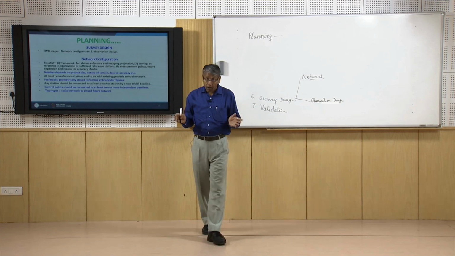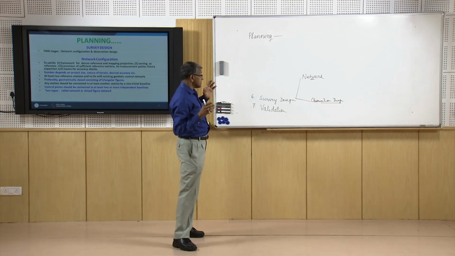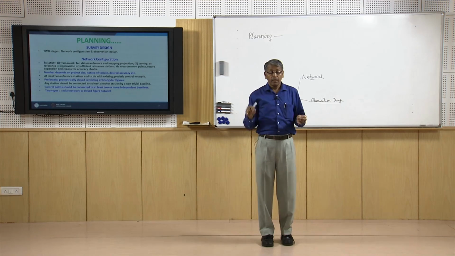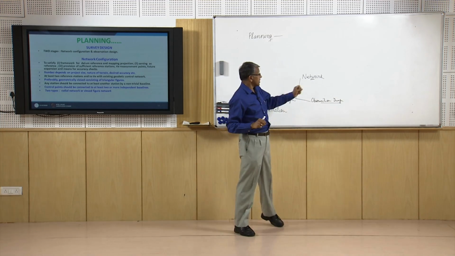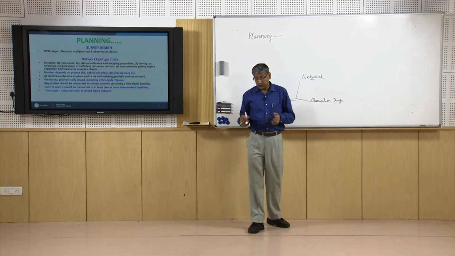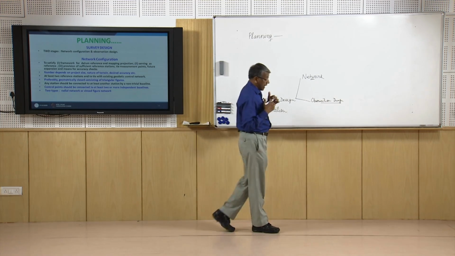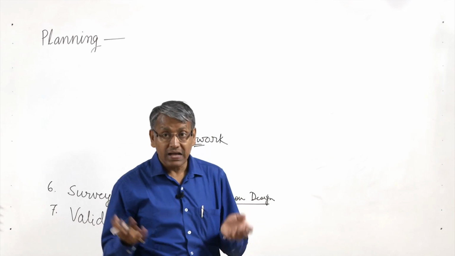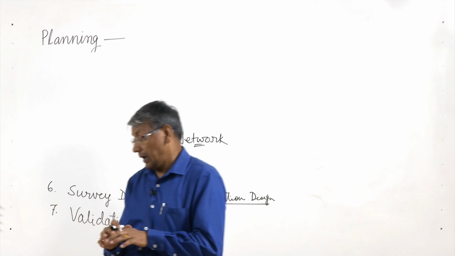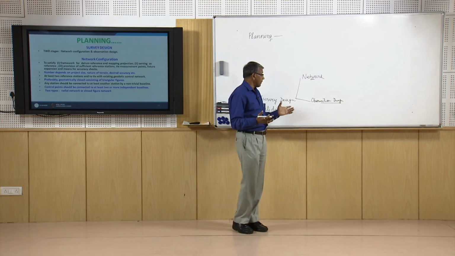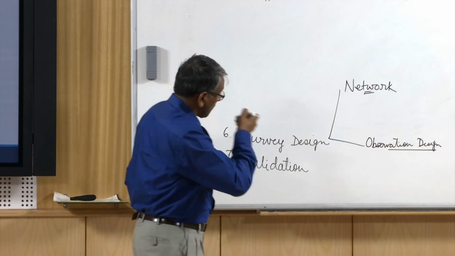That means how the receivers have to be placed at different station points during observation. If we have as many receivers as stations, then there is no problem in observation design. Now network.